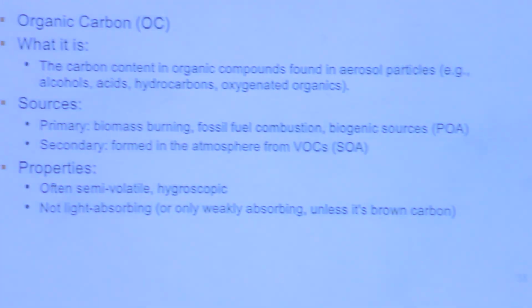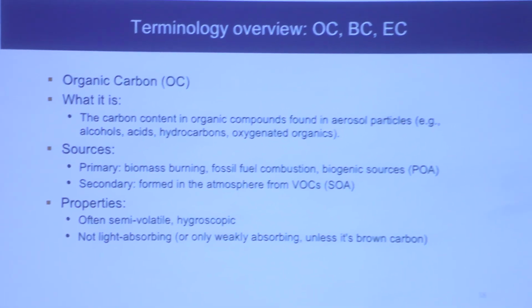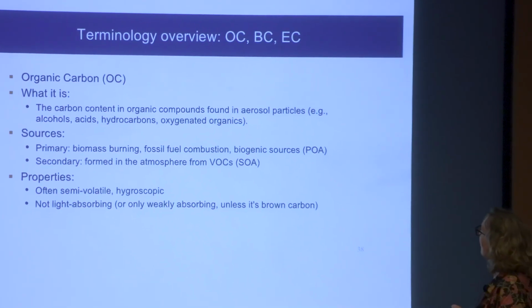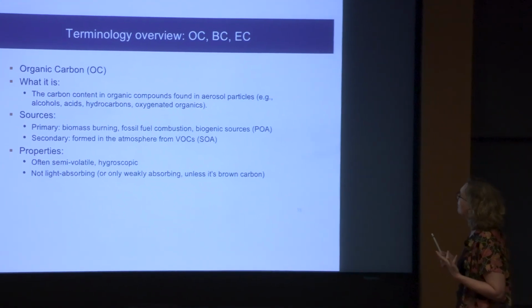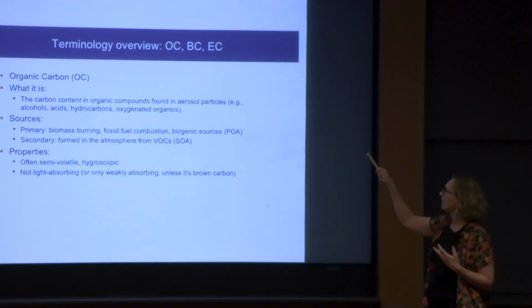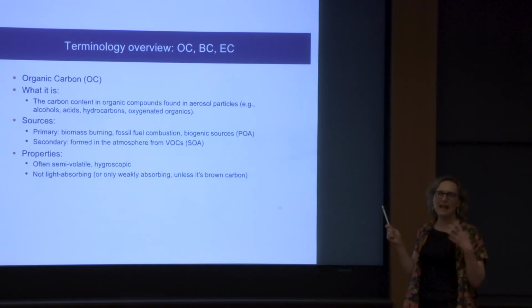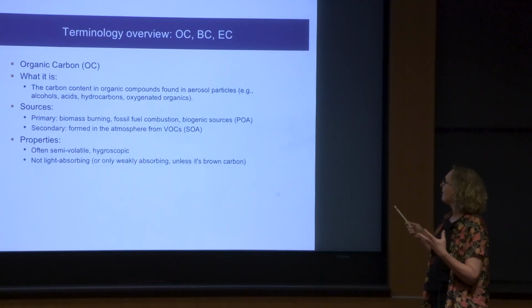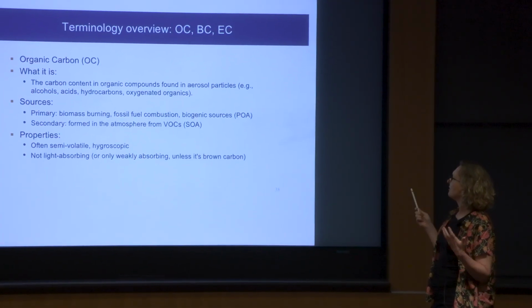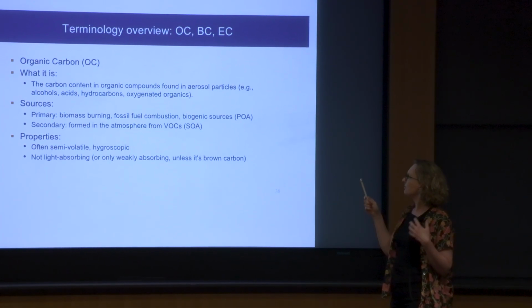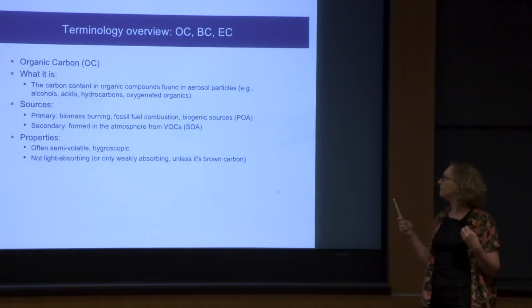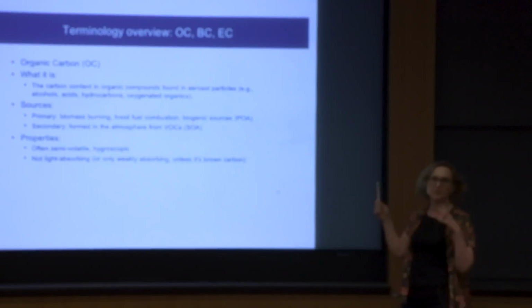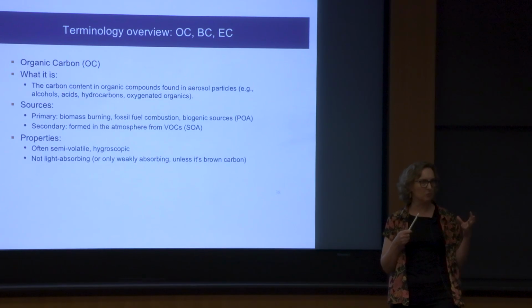So let's see here. Let's start with organic carbon. Organic carbon is, as the name says, carbon content in organic compounds that is found in aerosol particles. So there are a lot of alcohols, acids, hydrocarbons and oxygenated organics, with oxygen and hydrogen attached to the carbon in one way or another.